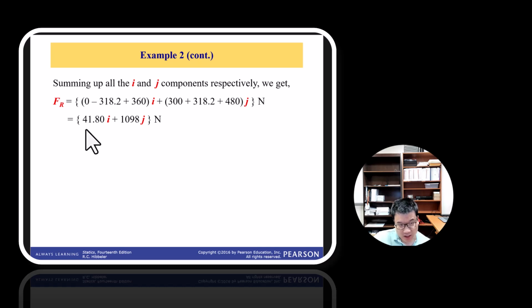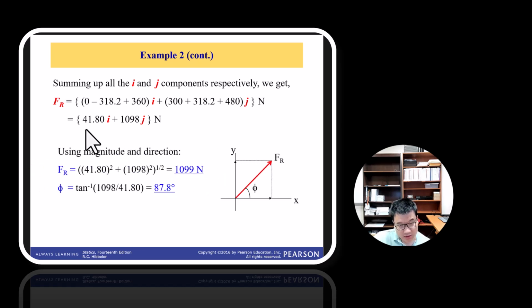So here's the FR. And what's the magnitude? FR equals the square root of 41.8 squared plus 1098 squared. Using a calculator, we find the magnitude of the resultant will be 1099.